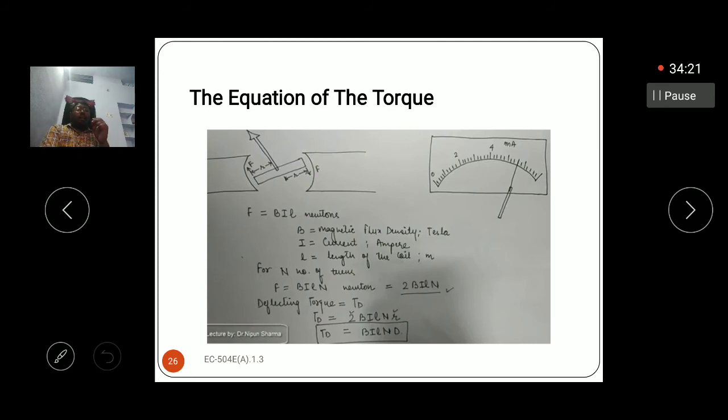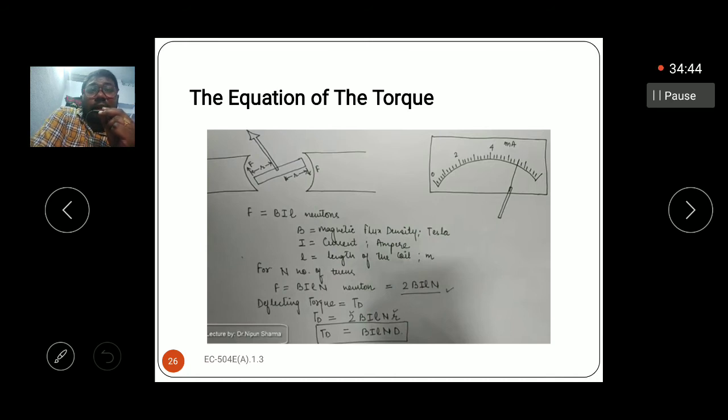Here we have an elaborated explanation regarding this torque equation. In this particular slide, what we are observing is the PMMC meter. In this PMMC the spindle is connected to some scale. With both the ends of the coil on the aluminum base, we have some radius.